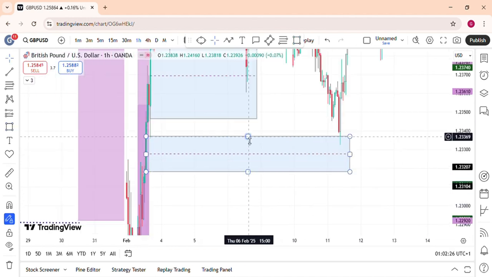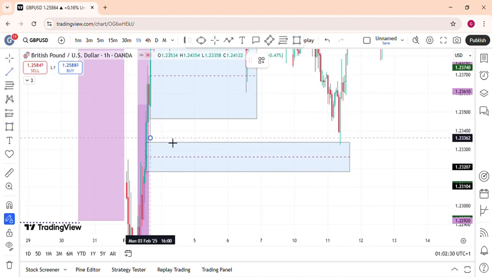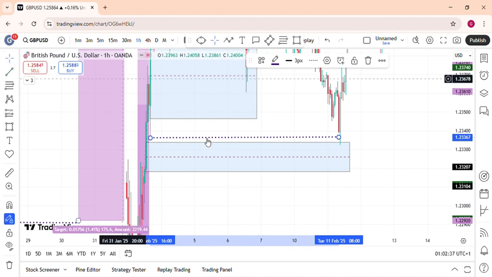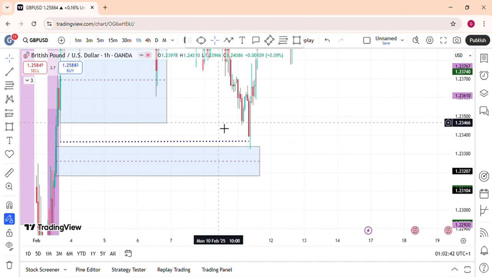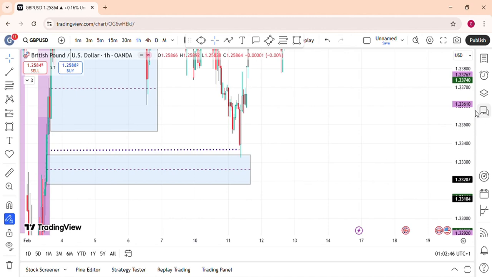There's a fair value gap. So this was the low I was looking at. Once market tapped and takes that low, so market tapped into this fair value gap and also takes this previous low, giving you a possibility of creating a break of market structure.